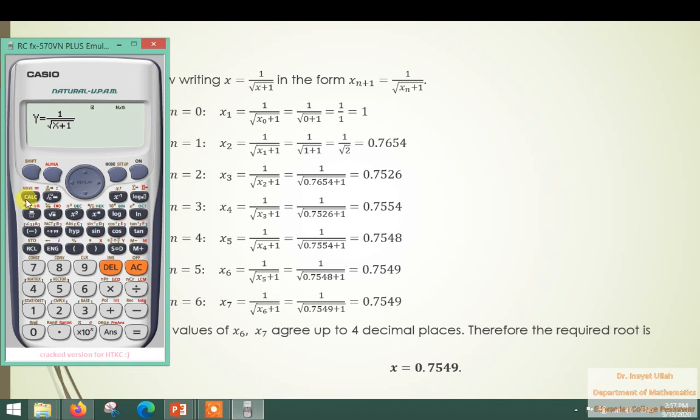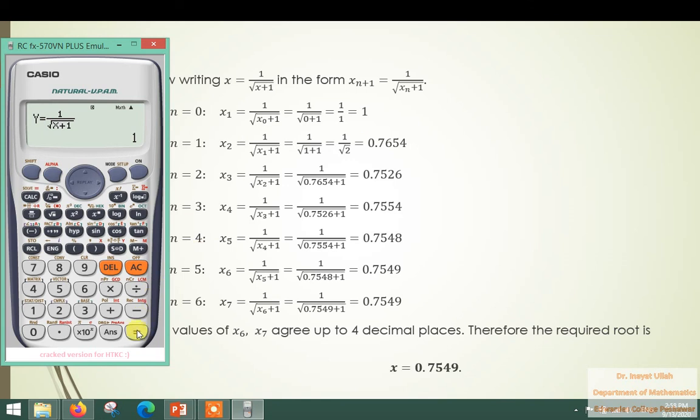Now we just need to press the calc button. It will ask you about the value of x. Now in the first iteration, this x is x naught, and x naught is given to us, that is 0. So we will press 0, so x is 0, and press the equal sign. So you'll get y is equal to 1.